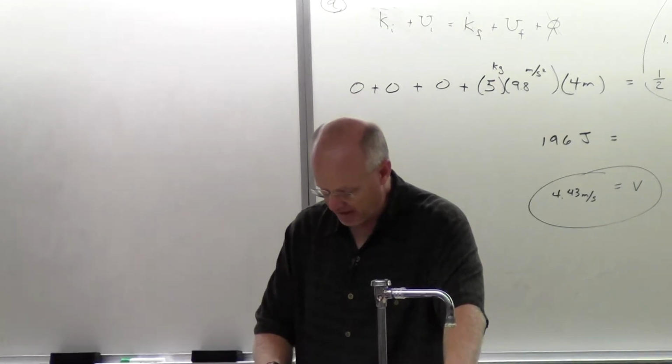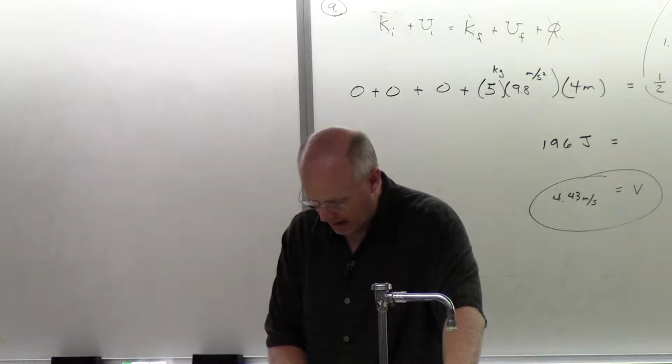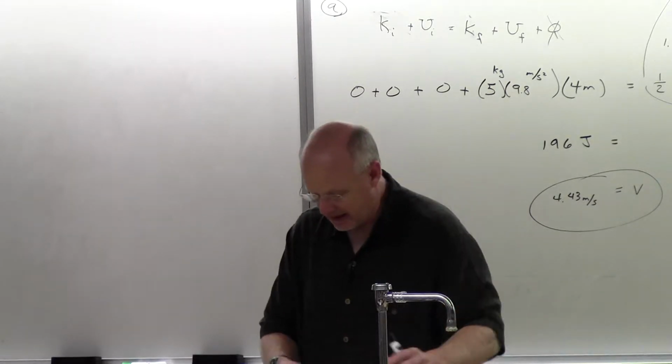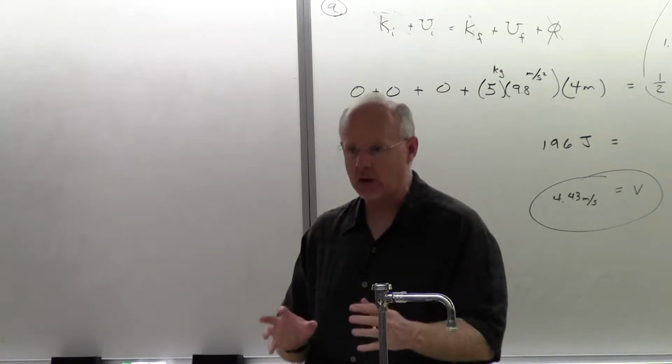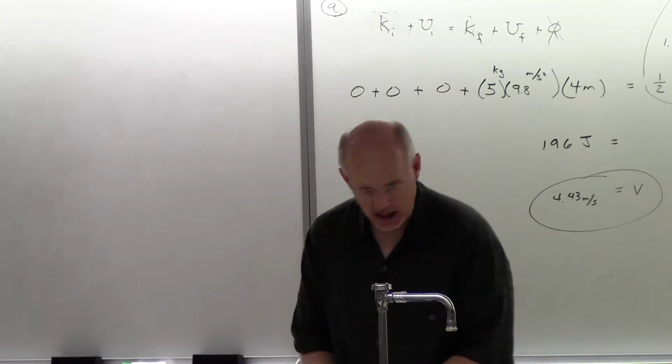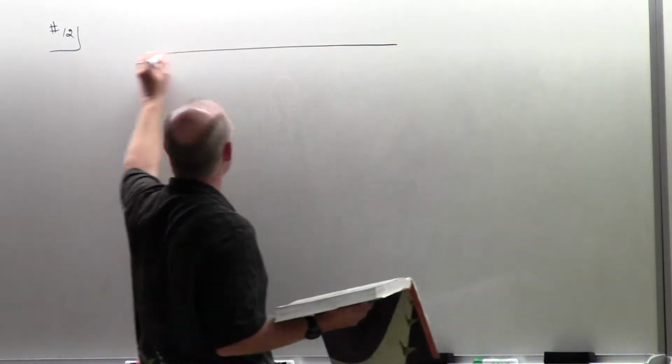The system shown in figure 12 consists of a light pulley and an inextendable cord, a light frictionless pulley, and blocks of equal masses. And maybe I'll stop there and give you the picture that they have. They've got the ceiling up here.